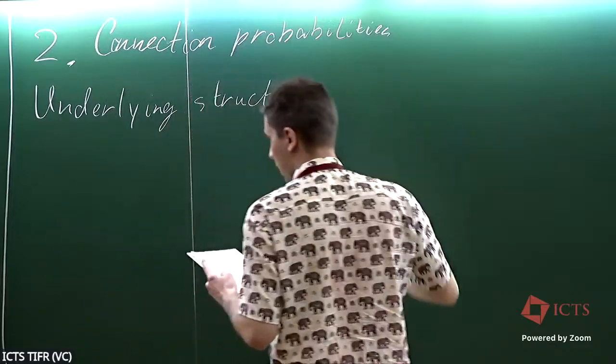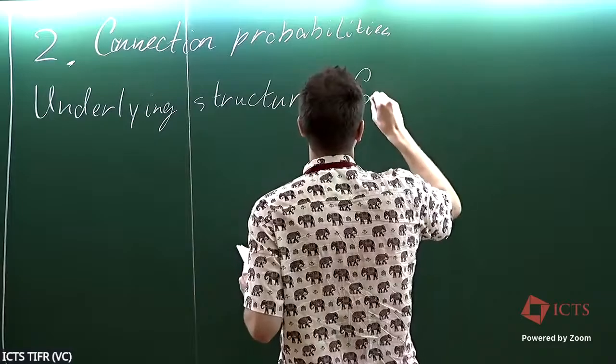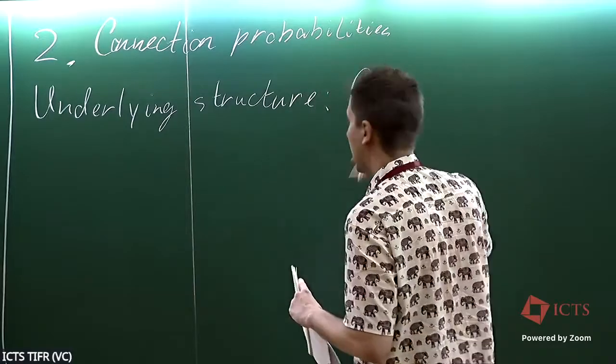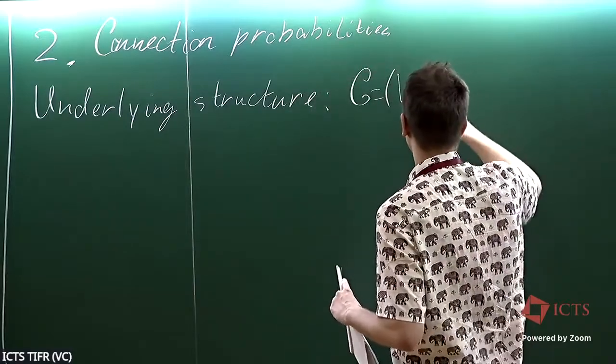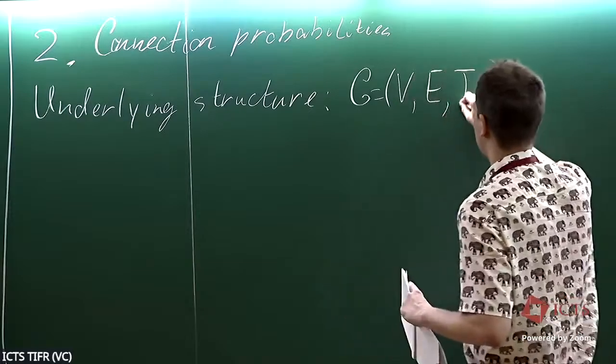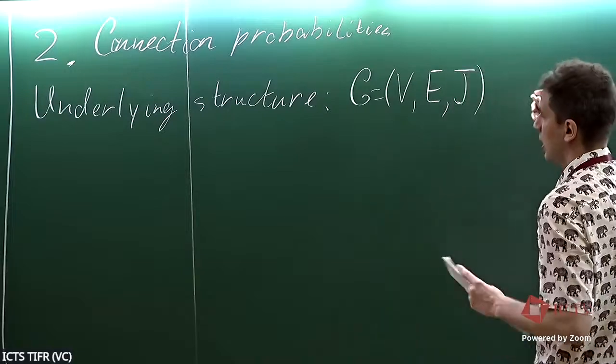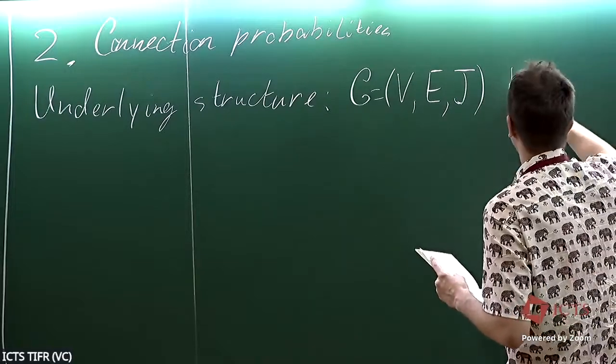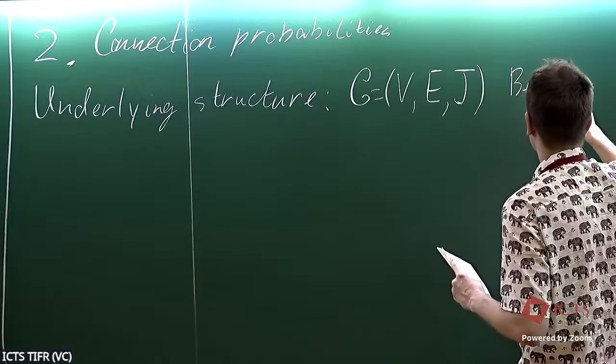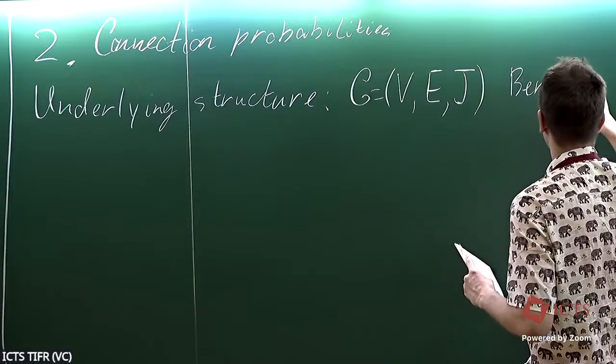And my underlying structure will be some graph with edge probabilities. So vertices, edges, and a function j from edges to R plus. And I have my Bernoulli percolation with this parameter j on G.